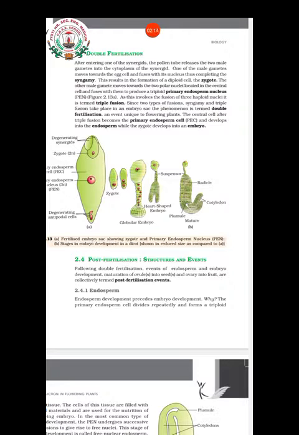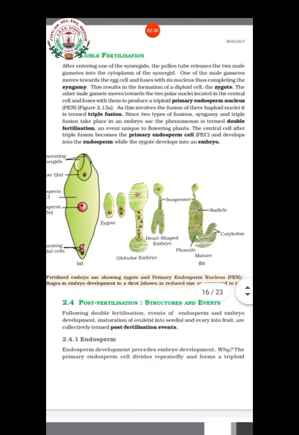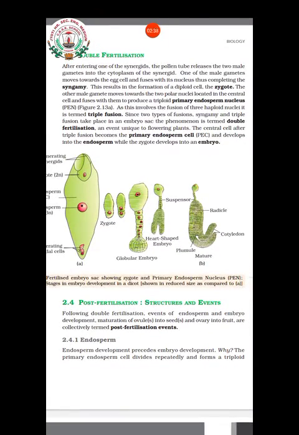During its growth, that is the pollen grain, when it is growing through the style, it produces two male gametes into the cytoplasm of the synergid. The synergid is having what? Filiform apparatus. We have studied the filiform apparatus which directs the pollen tube to enter into the egg cell, isn't it?